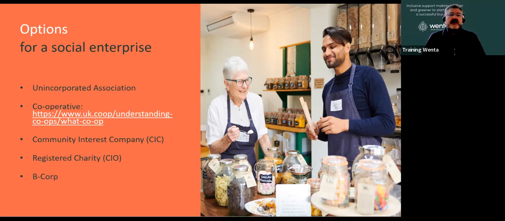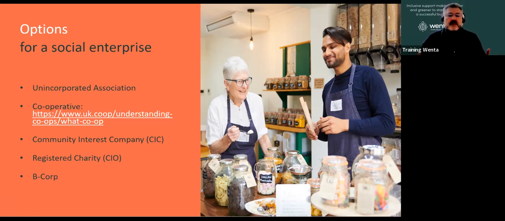B-Lab UK, and it's a points-based scoring system to determine social value. In that it makes a profit, but there's a commitment in some form or another to business for social good. And it does appeal to a lot of people who don't necessarily want all that goes with setting up a registered charity or even necessarily a CIC, although CIC is a lot simpler than charity.